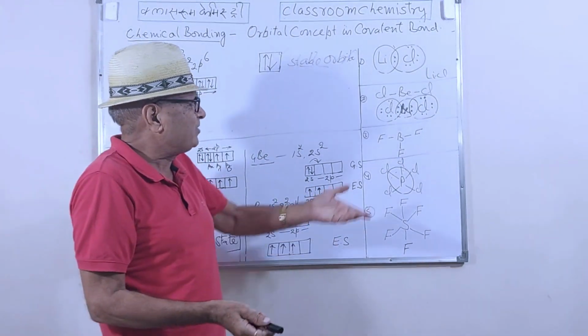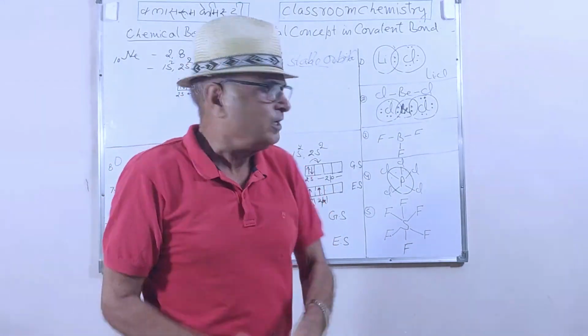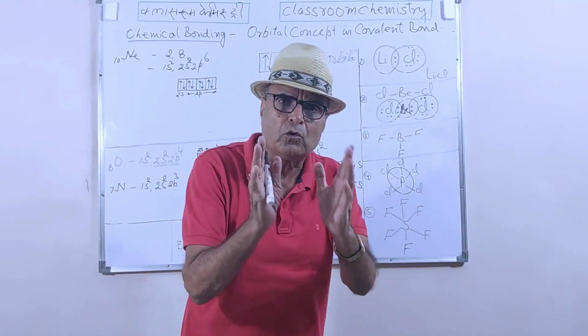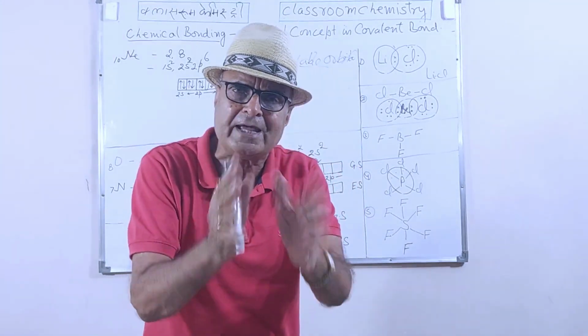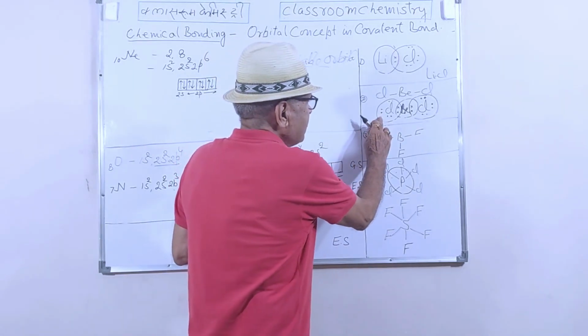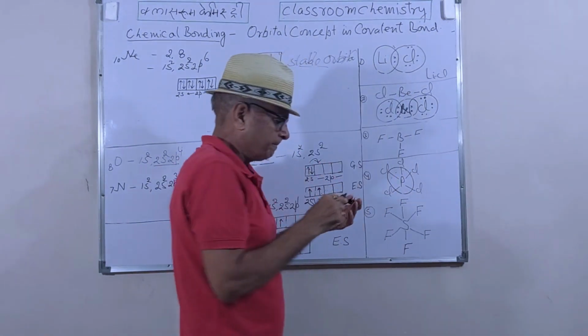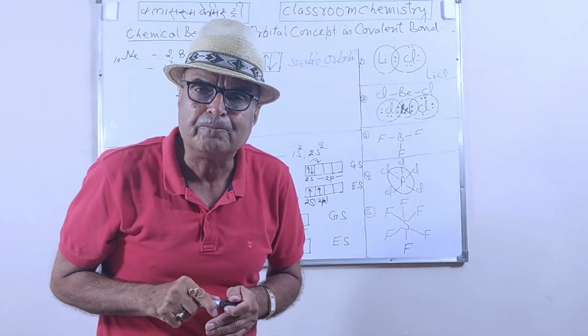So how can you explain the formation of BeCl2? BeCl2 shows that beryllium has a covalency of two, with bond 1 and bond 2. So how will you explain it?